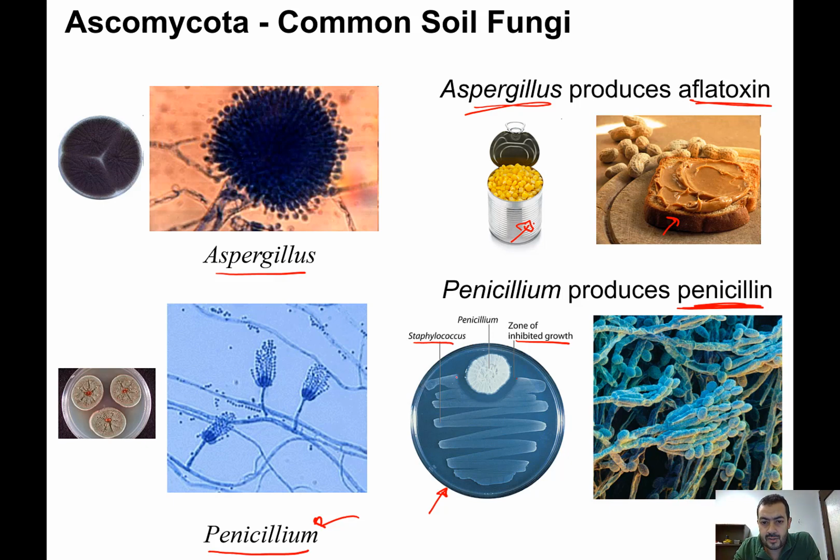So Staphylococcus was not able to grow very close to the growing Penicillium due to the fact that it was inhibited by the effect of penicillin, and that is the historical story behind the discovery of penicillin and how it can lead to the inhibition of growth of many bacterial strains.